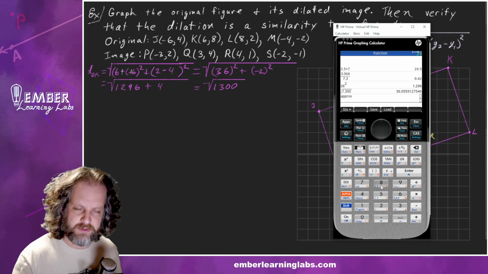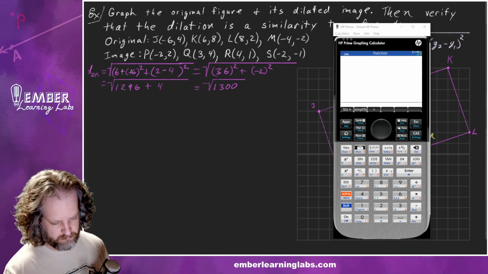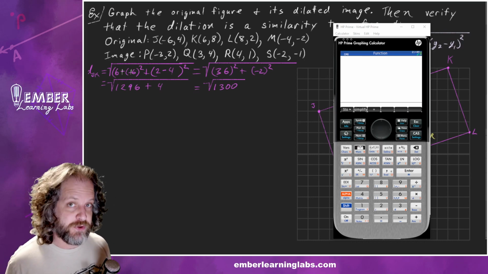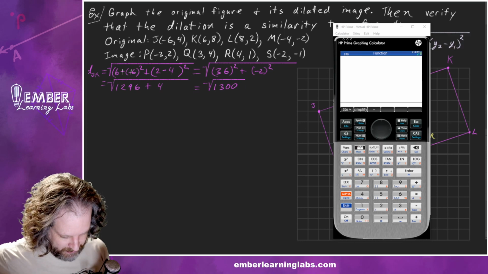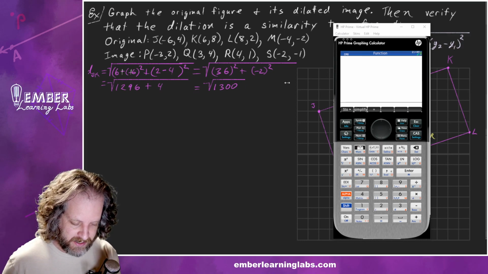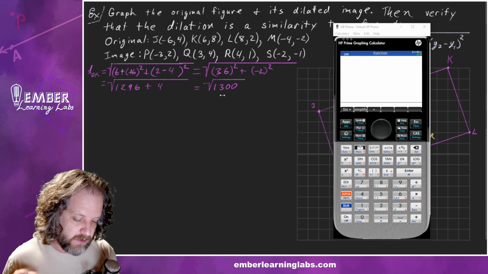Hold on. Technical difficulties. I was in the wrong mode. I figured it out. Anyway, most of your calculators will do what I'm about to show you. And if not, it's okay. You can still do this problem and make it work and just leave it.